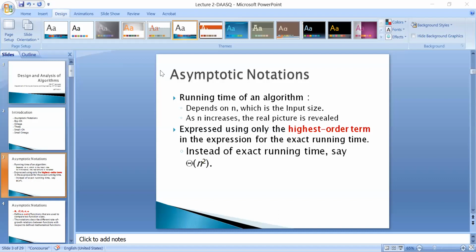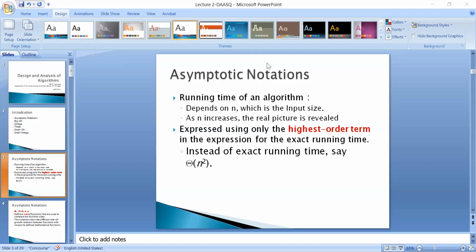Okay, so that is why we want to use some mathematics to tell this in terms of numbers and time. We have to use the worst case time. So these asymptotic notations are expressed using the highest order term in the expression. I will come to that in a while.